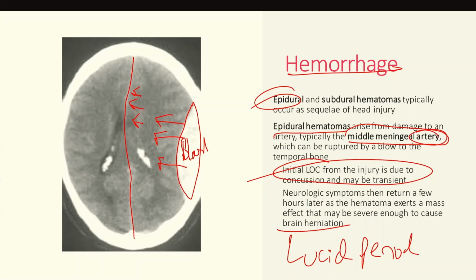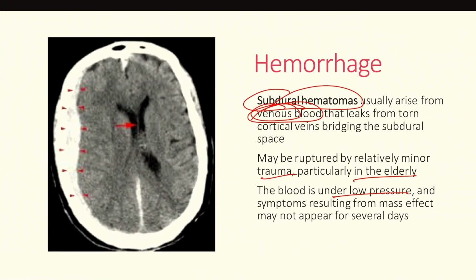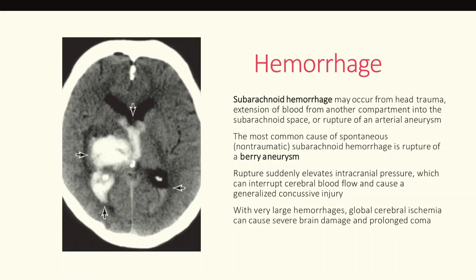Remember, it's the middle meningeal artery. Arteries are under pressure. They're going to lose blood faster with an arterial tear than they will with a venous tear. So this happens fast. This can be slowly developing. May not appear for several days later because that blood is slowly oozing and oozing and oozing to a point where later on they may get symptoms.